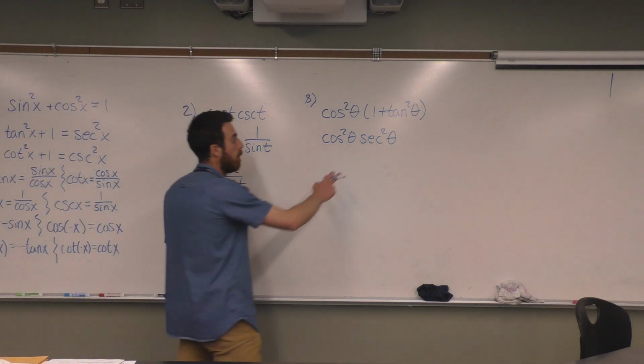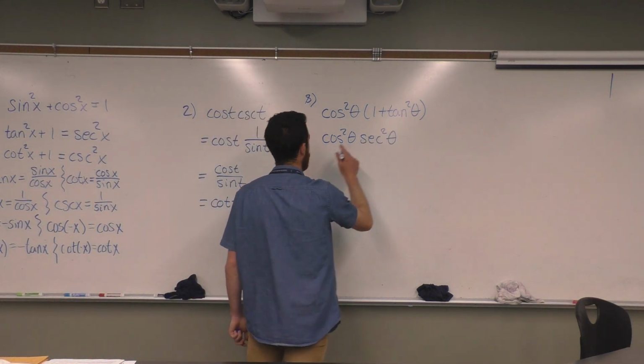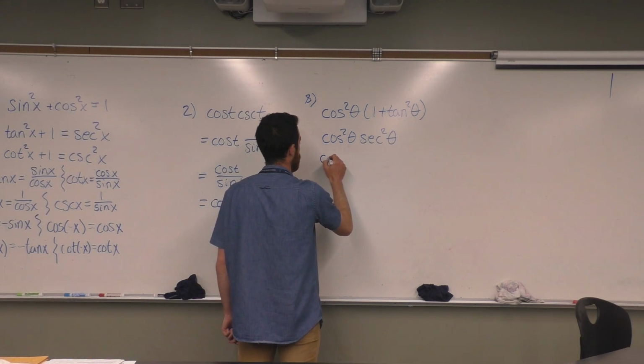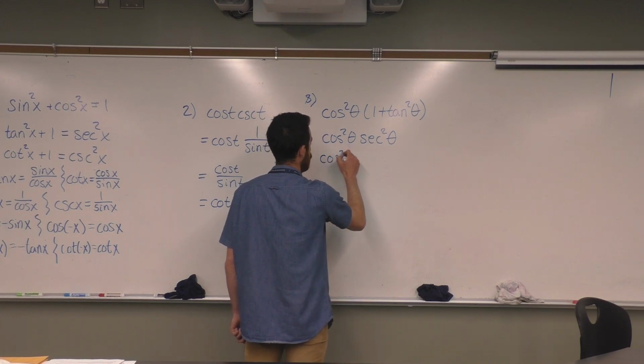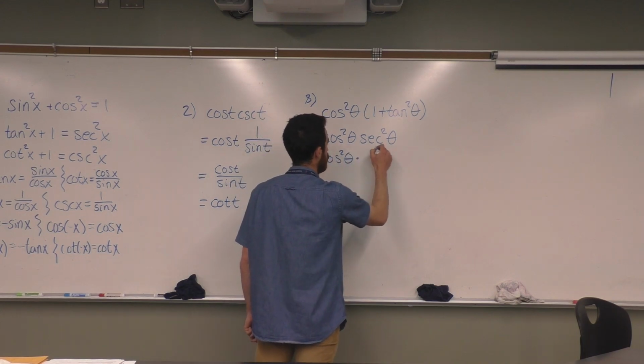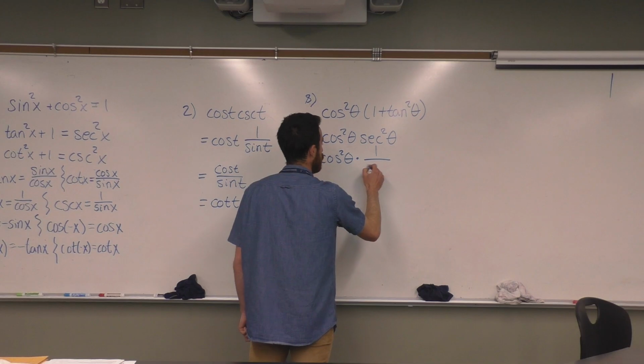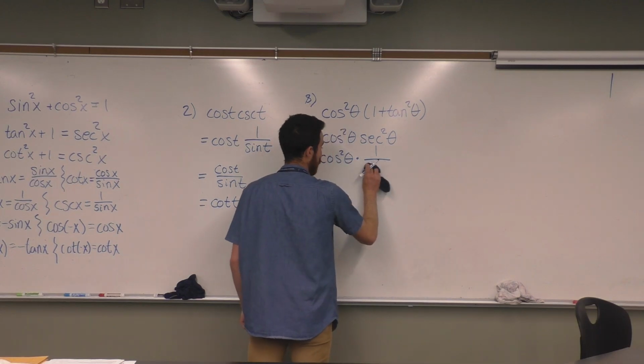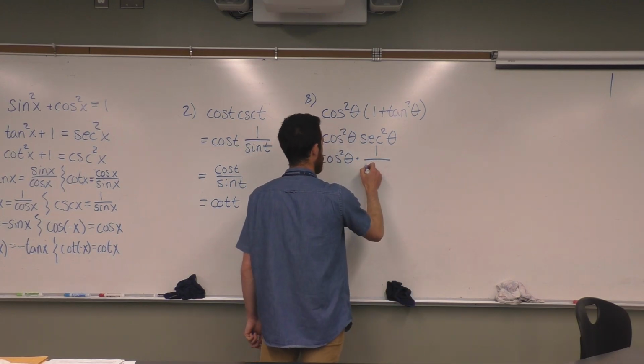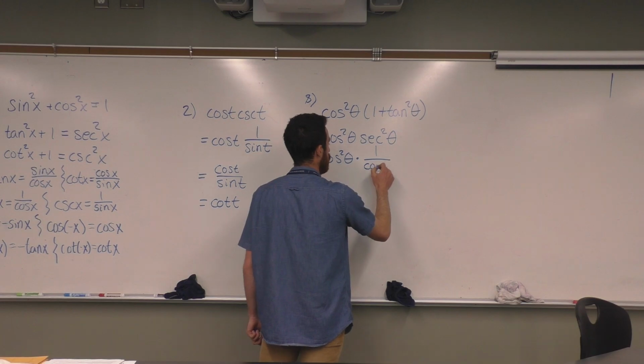All right, so now I have secant squared, and I've already substituted. So now I could get this in terms of sines and cosines. Well, secant squared is 1 over cosine squared. And that should make sense, because secant is 1 over cosine of theta.